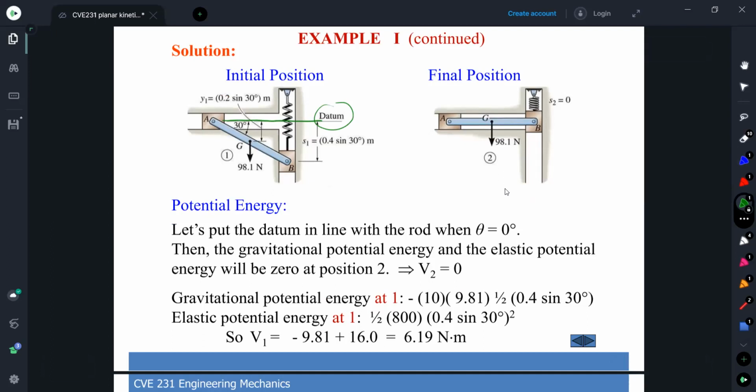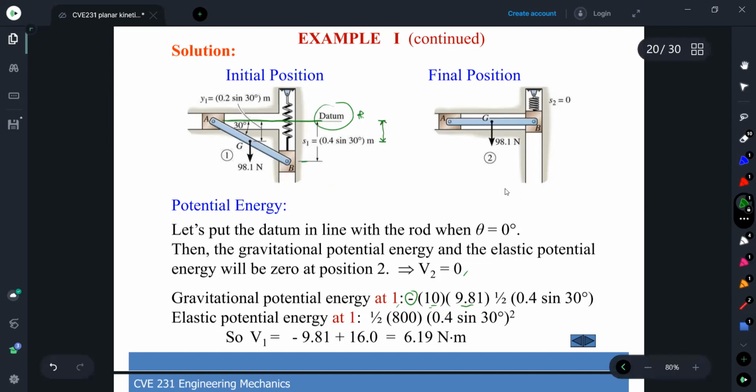If we set the datum here, the potential energy at the second position, the final position, becomes 0. The gravitational potential energy at the first position should be negative because it is below the datum. It is equal to the mass of the rod times g, the gravity constant, times h. h is this distance from the datum.